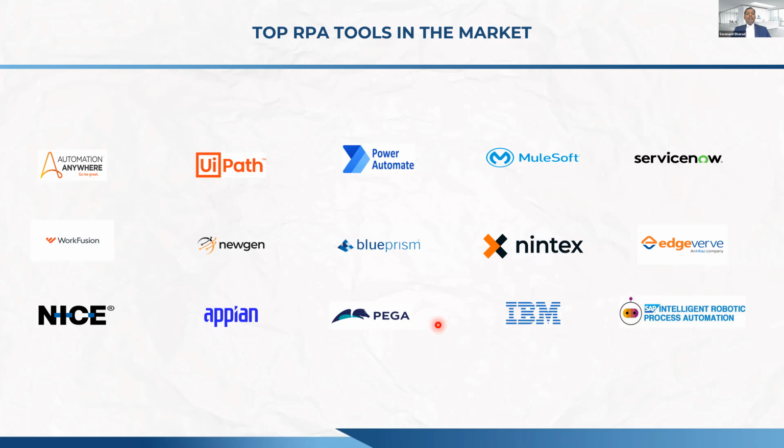So these are the common RPA tools used in the market, and Gartner and Forrester are market research and advisory companies which provide actionable insight, guidance, and consulting in various domains. So as per them, these are the top RPA tools in the market. These are all commercial RPA tools, declared by Gartner and Forrester.